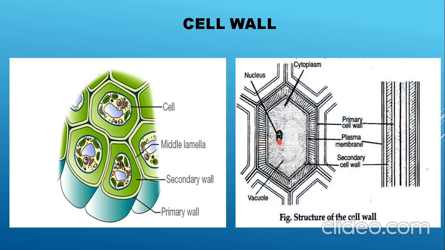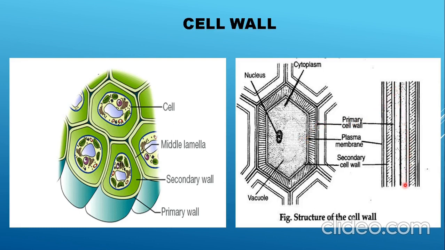Here you get a diagrammatic view. You have the middle lamella, the primary cell wall, and the plasma membrane. Plasma membrane and cell membrane are the same thing, two terms given. The cytoplasm, nucleus, all these are the interior of the cell. The first is the plasma membrane, then the secondary cell wall, then the primary cell wall with the middle lamella.